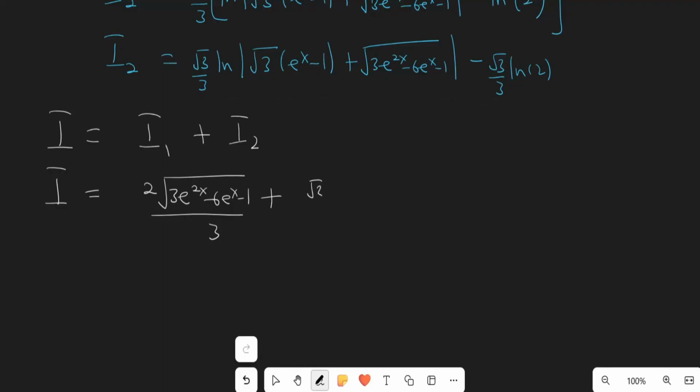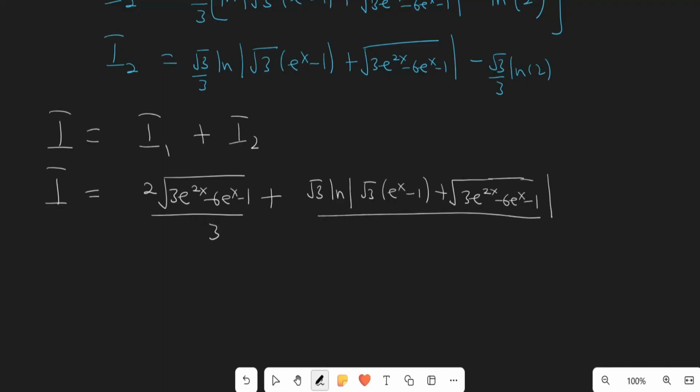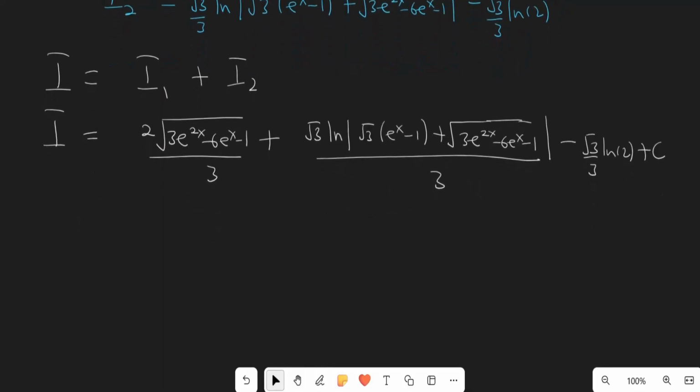I2 is the square root of 3 multiplied by the ln of the absolute value of the square root of 3 multiplied by e to the x minus 1 plus the square root of 3 e to the 2x minus 6 e to the x minus 1, all over 3, and then minus the square root of 3 over 3 ln of 2. Then you add the constant of integration, right? So these ones can be classified into another constant.